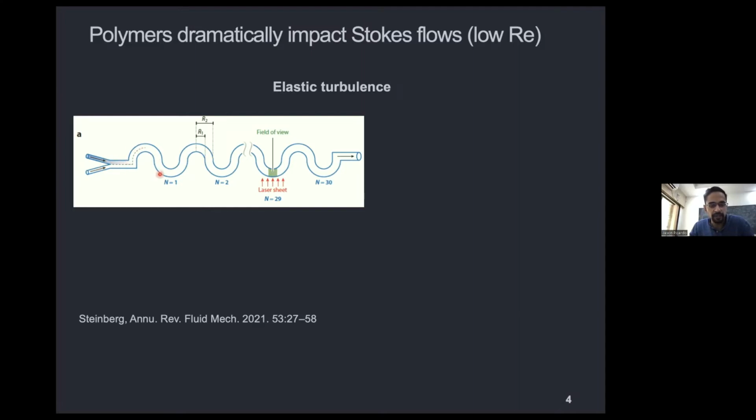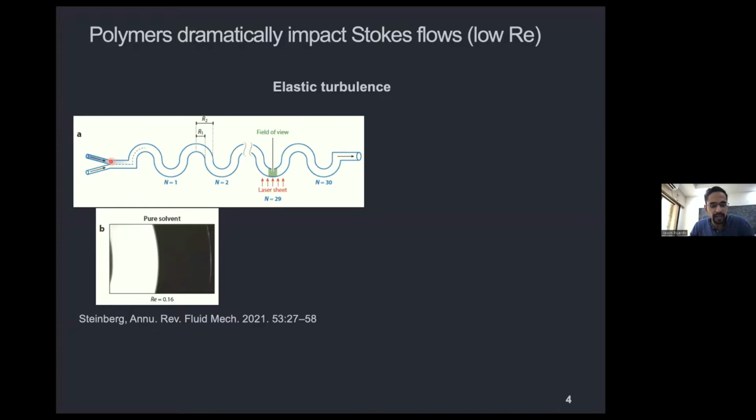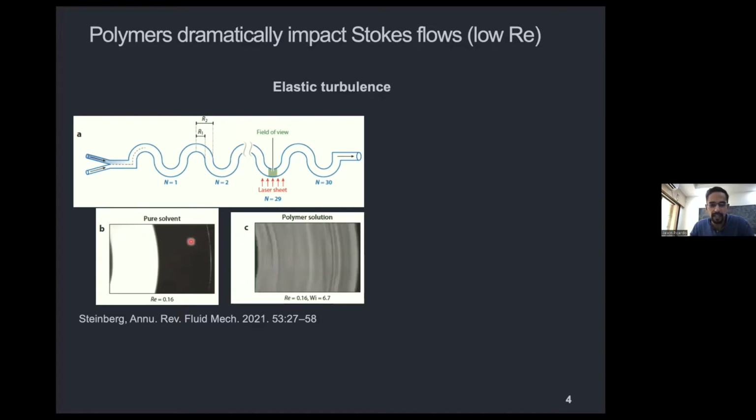You have this serpentine channel with fluid flowing through it, in which you can introduce polymers. You have a dye from one side and clear water on the other. Without polymer, you see very little mixing, so the flow is laminar. Then, when you introduce polymers that are sufficiently elastic, you get chaotic fluctuations and the dye gets well mixed. Note the small Reynolds number.